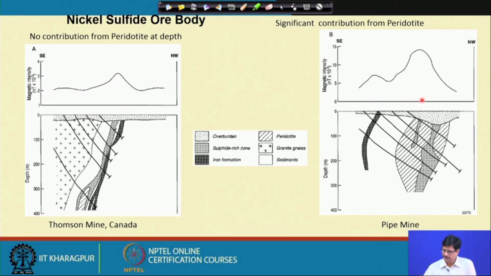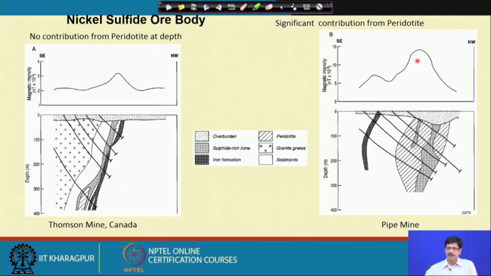But if we have a situation where this metal sulphide body, this sulphide rich zone, is included within the peridotite and also with some sediment on top of it, then this will give us an anomaly which will be different from the one shown here.